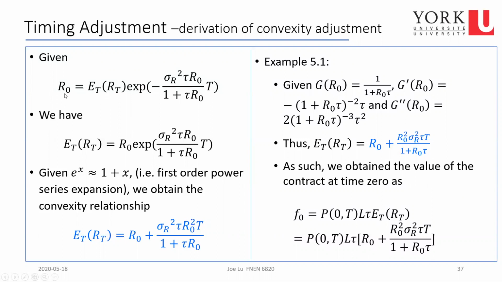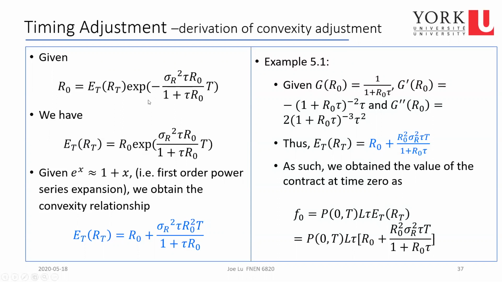Now, we see that rearranging this, we have this expectation of R T with the numerator asset of the zero coupon bond maturing at T is equal to R naught times this thing.